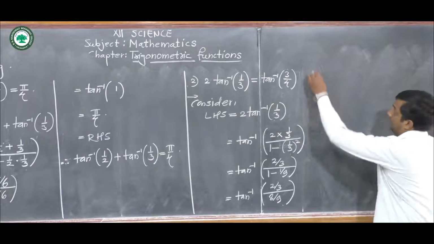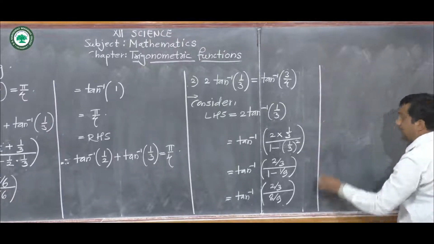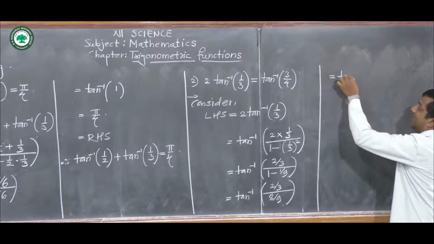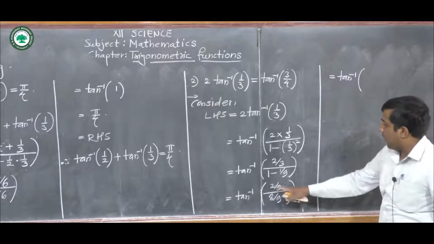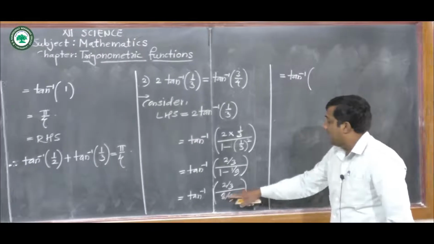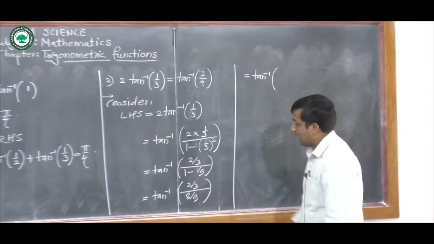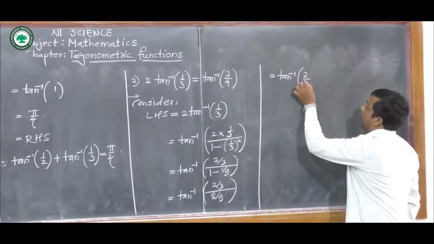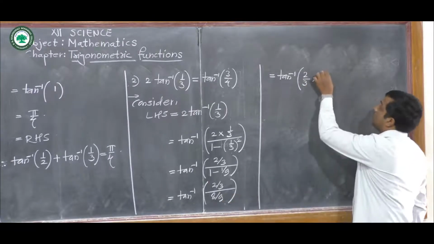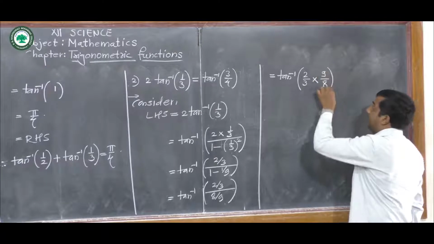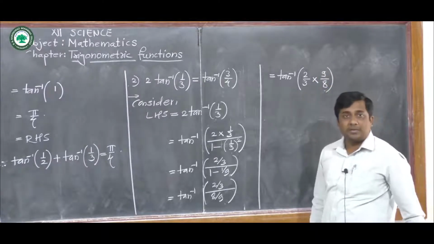Then in the next step, this is equal to tan inverse of, inside this bracket, 2 upon 3 divided by 8 by 9. I write this as 2 upon 3 into, for the denominator 8 by 9, 9 by 8.